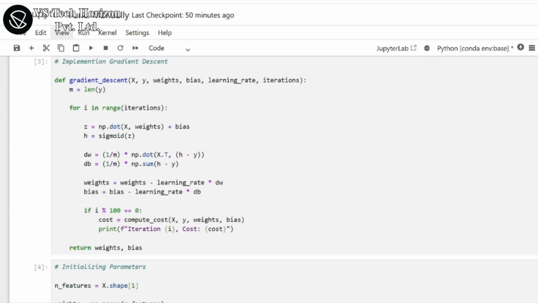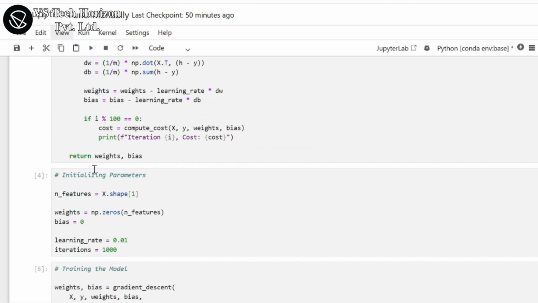In the implementation of gradient descent, the learning rate controls the step size, where a small learning rate means slow but stable learning, while a large learning rate means fast but risky learning. Then comes the initialization of parameters, where we start with zero weights.